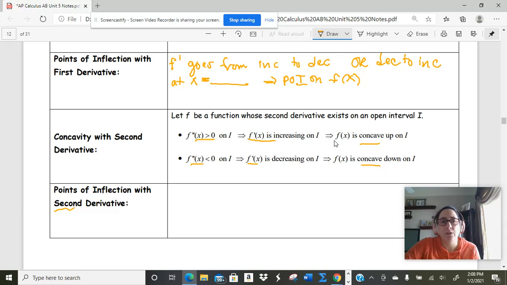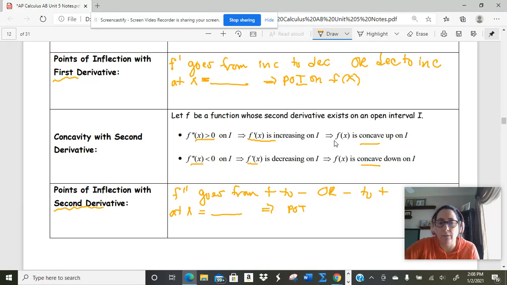So I could say f double prime goes from positive to negative or negative to positive at those x values, and that also gives me a point of inflection on f.